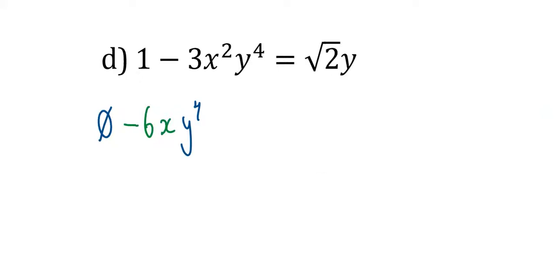Derivative of the first part times the second plus the derivative of the second, which is 4y cubed times dy by dx, times the first part, which is negative 3x squared. And then the derivative on the other side, oh, geez, what's going on today? Very strange.